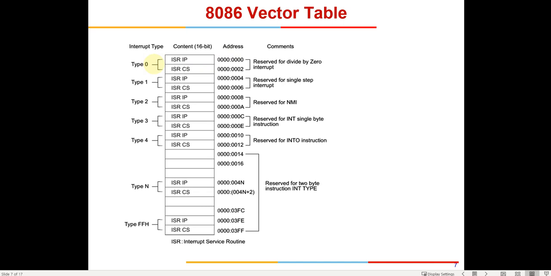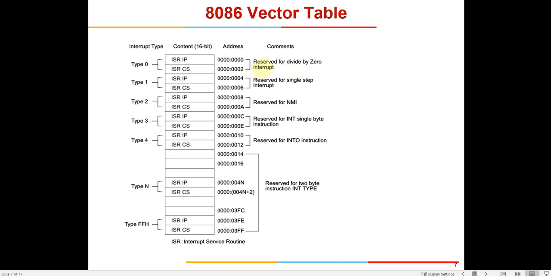Type 0. What is type 0? These 5 interrupts are done by Intel itself, so this never changes. Type 0 interrupt is whenever the microprocessor encounters a divide by 0 instruction.